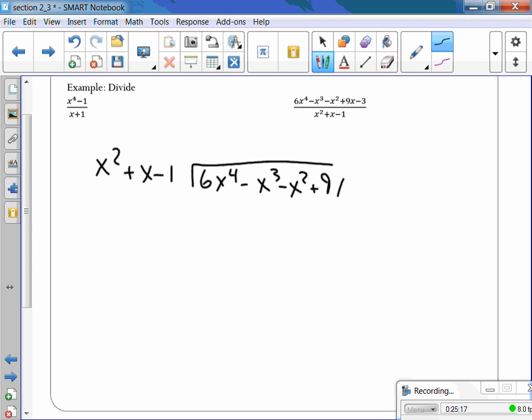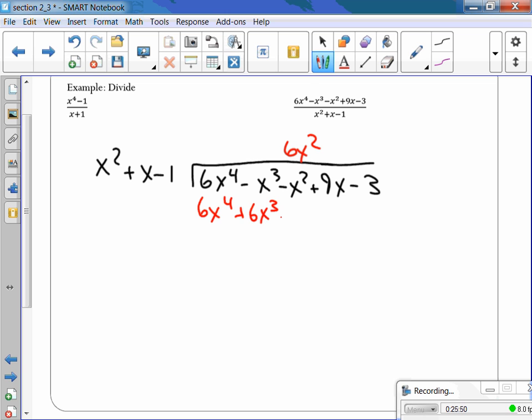I don't treat it any differently. I'm always just looking at that first term. So what do I do? The first one, absolutely. Giving us what? Absolutely. So we get that 6x to the fourth plus 6x cubed minus 6x squared.